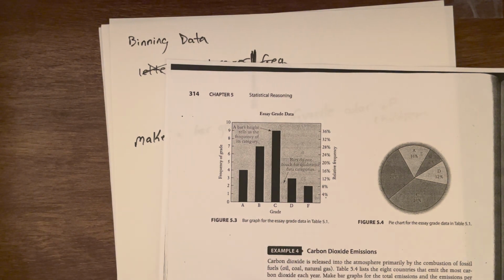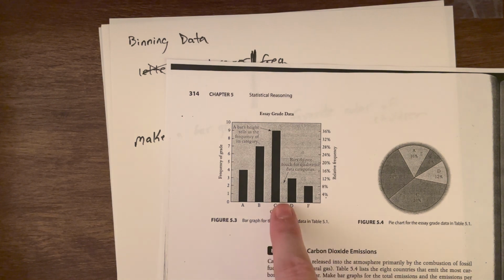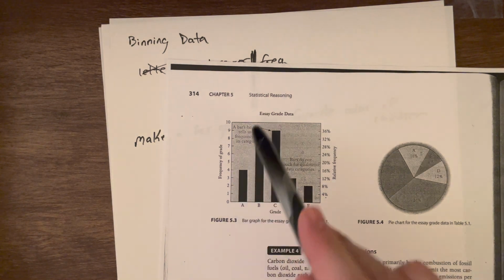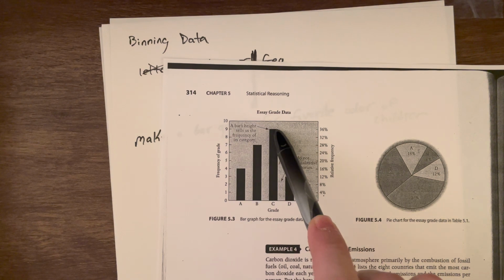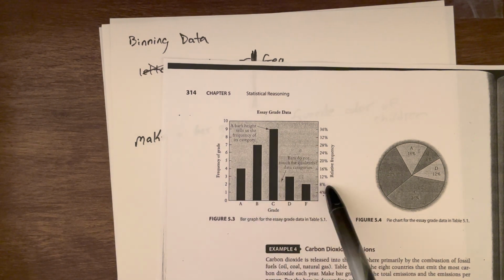Why would we care about a bar graph? One reason is that it's a visual clue. When we were just looking at the organized table to see how many people had A's, how many had C's, this adds to that. Looking at the peaks, it draws our eye to realize C is clearly the biggest category, and we drop a little bit on both sides.